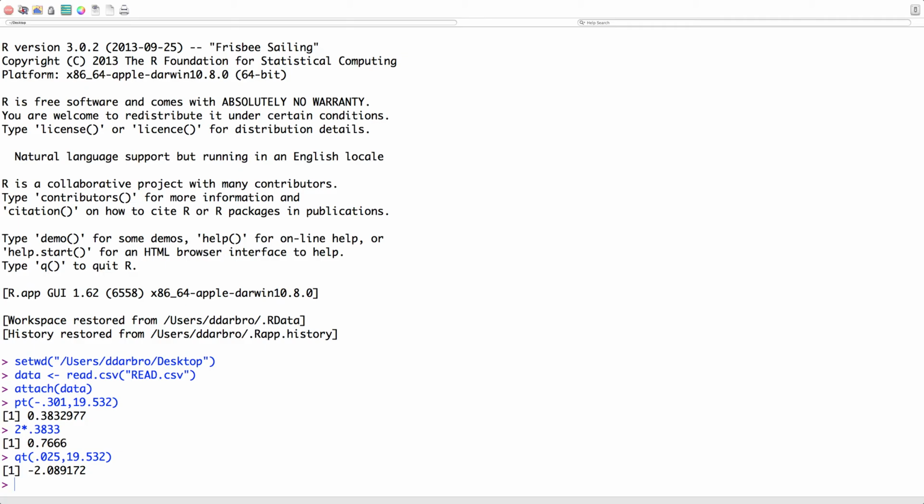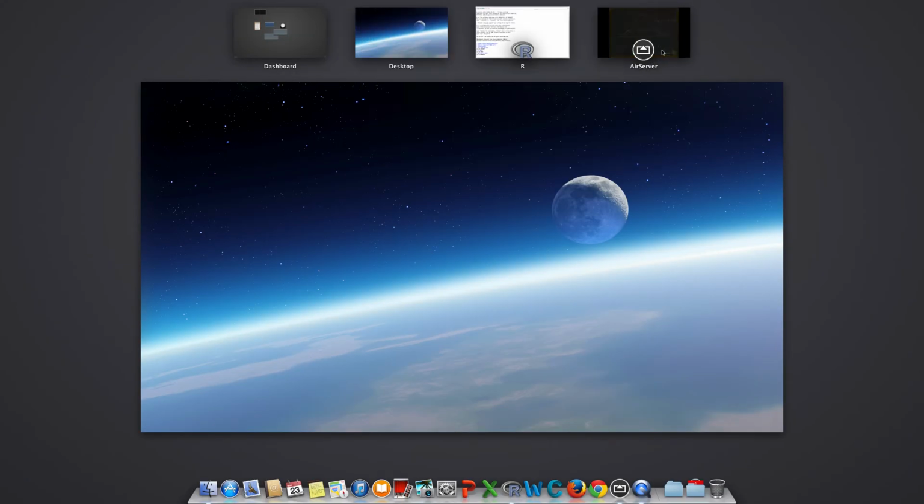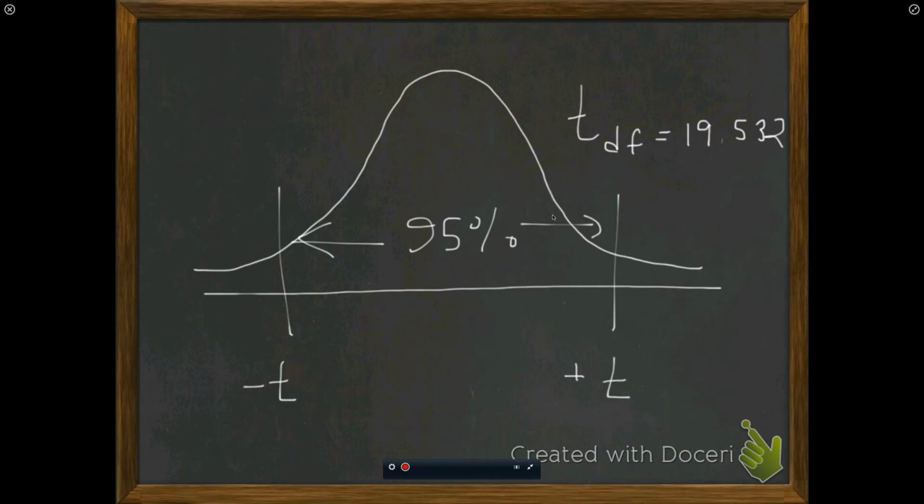So negative 2.089 will be the left bound, and positive 2.089 is the right bound.